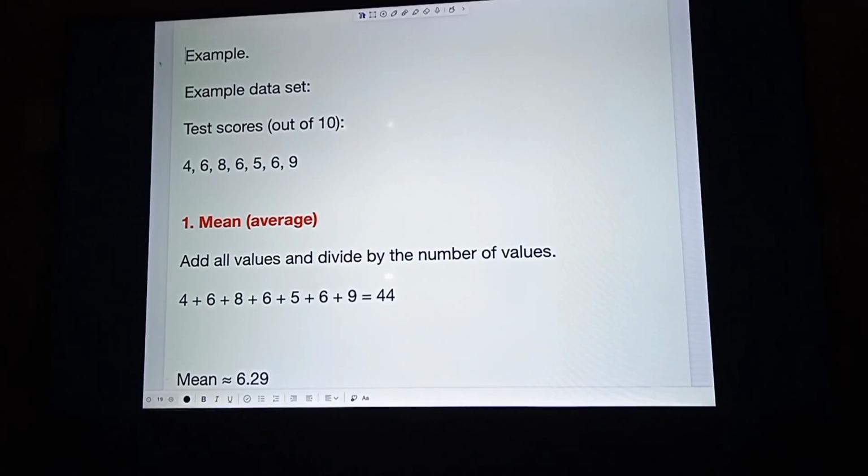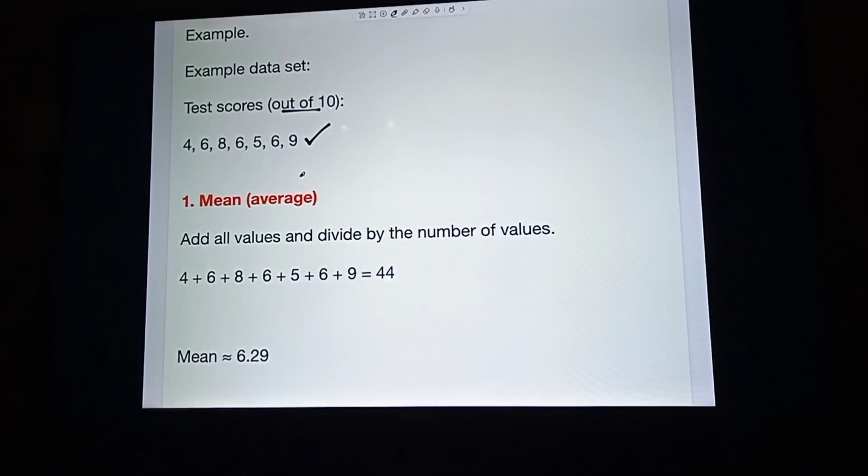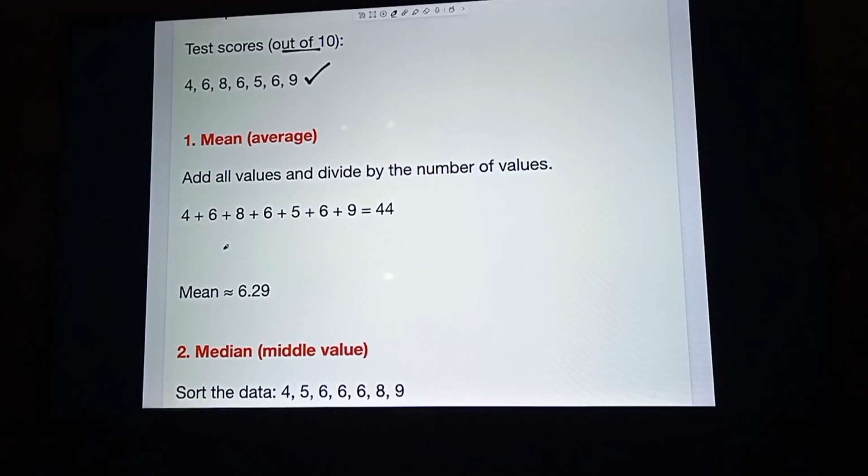Consider an example. Here the data is about test scores, and the score is out of 100. First let's calculate the mean. The mean is 6.29 in this case. Why? Because when you add all numbers using the formula x bar is equal to summation x divided by n, how many values are there? 1, 2, 3, 4, 5, 6, 7.